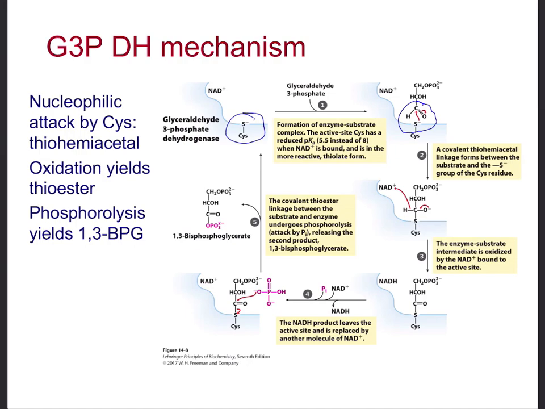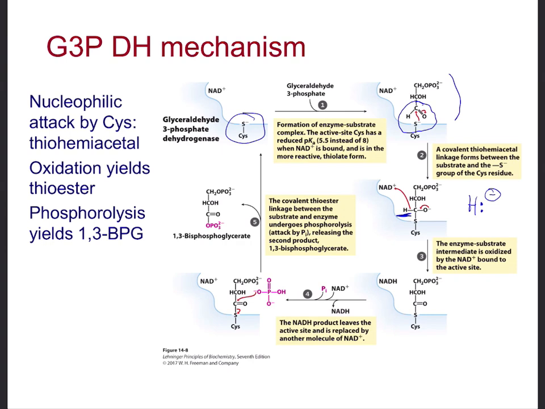A thiohemiacetal is very similar to the acetal that we see forming between alcohols and carbonyl groups. Once we have our thiohemiacetal, we're actually going to do our oxidation reaction. And the oxidation is done by removal of a hydride. So H with 2 electrons, therefore having a minus charge. This is what's called a hydride oxidation.